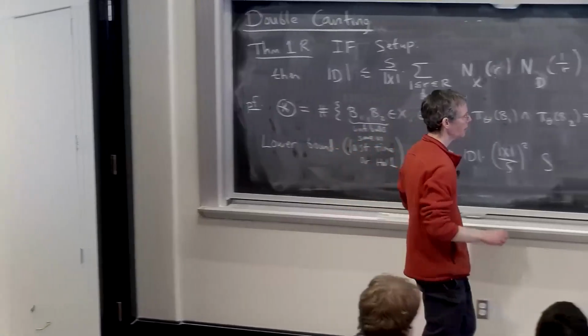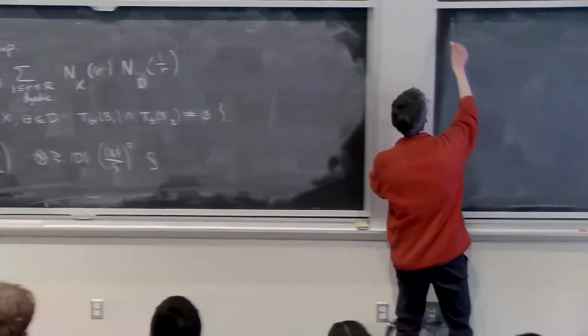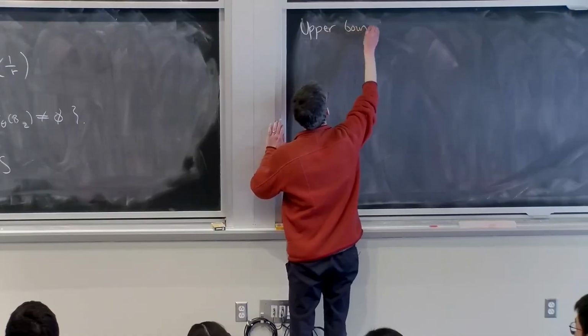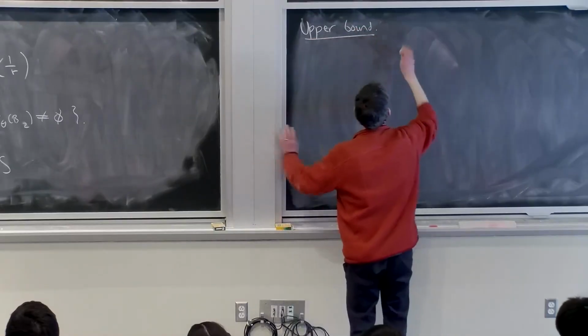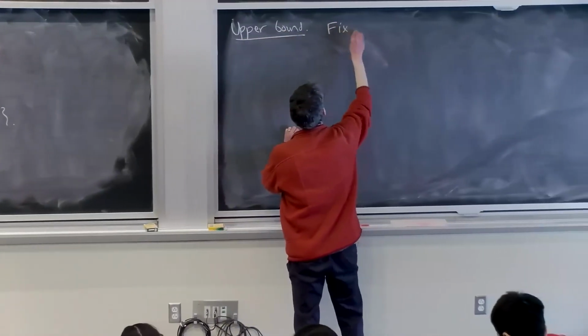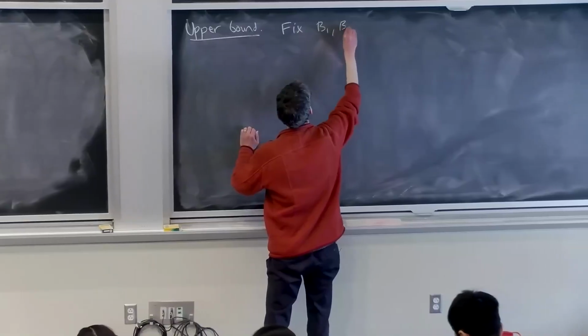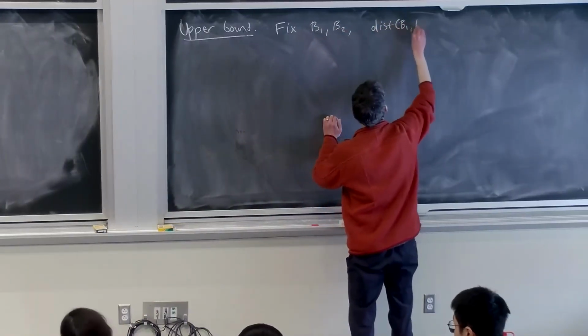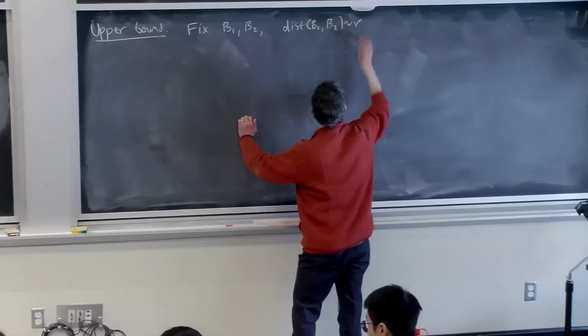OK. So now let's look at the upper bound. So for now, I'll fix B1, B2, and I'll say that the distance between B1 and B2 is around r.